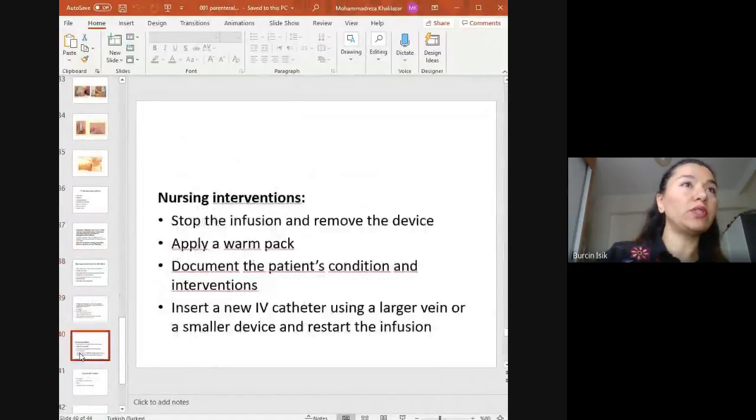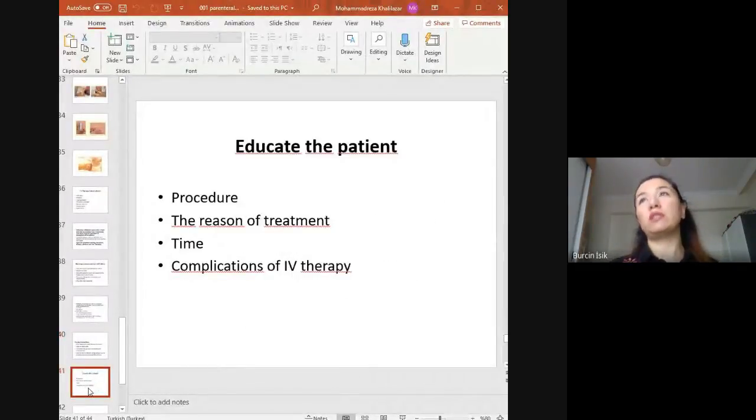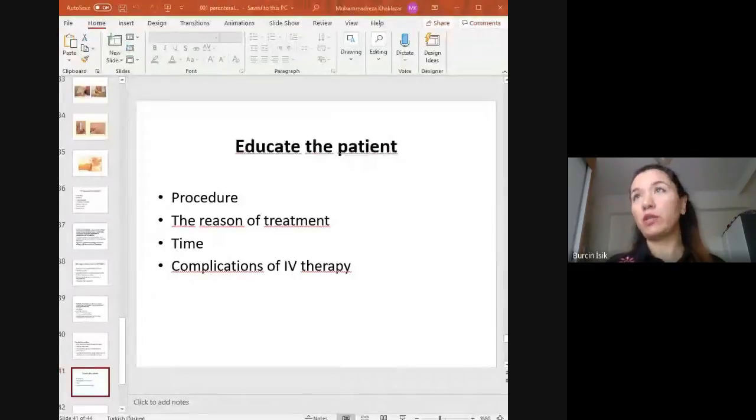Yes, nursing. And educating the patient is too important, you know. In all procedures, all the time I'm saying, educating the patients is important. If patients know about what happens, it's better. So about the reasons, the times when it's finished, the complications, educate the patients.